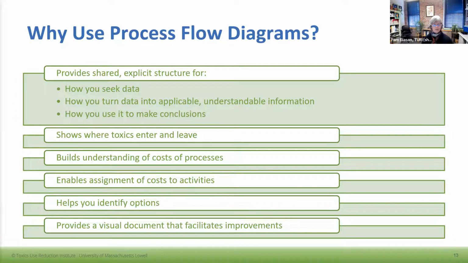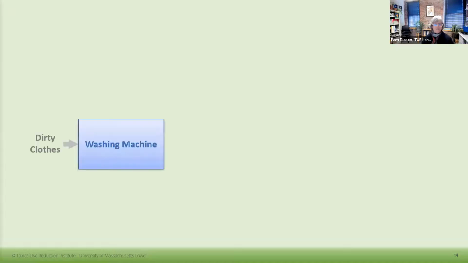I think we've talked about these other elements. So this is something that I think is fun just to see, because it shows us how to do a process flow diagram for something we all understand, and that's laundry, right? So we know there's a washing machine, and we put our dirty clothes in there.